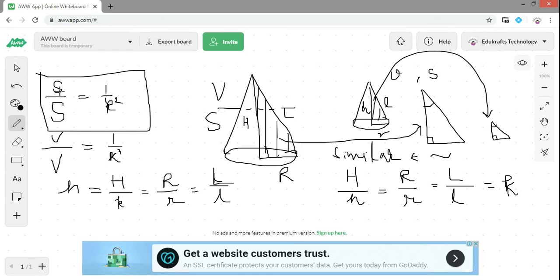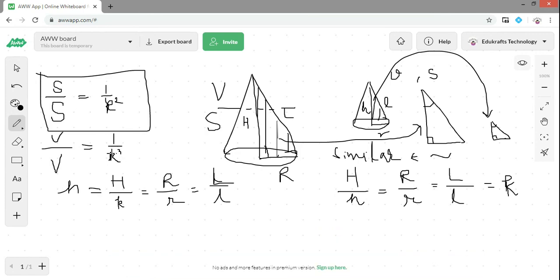And for surface area, small s upon capital S, where the removed cone represents the small things and the big is capital S. So s upon S is 1 upon k square, this is the scale factor, and for the volume it is k cube. So that's why to find out the volume of the removed cone, I simply use the relation capital V upon k cube. Now I think it's clear.